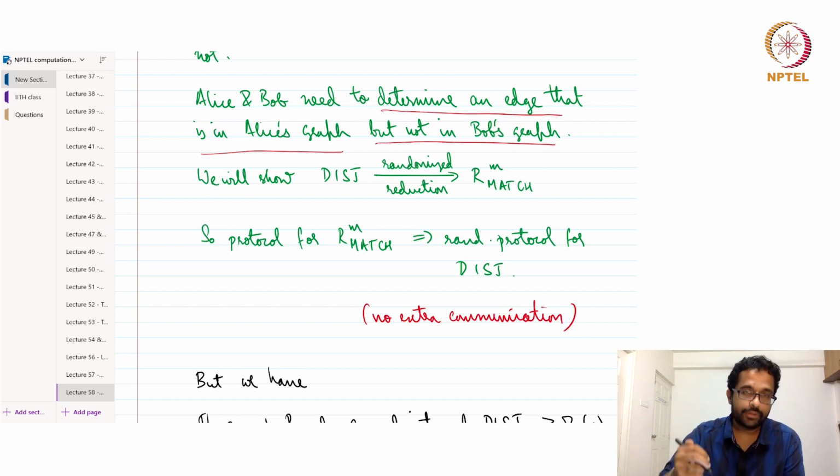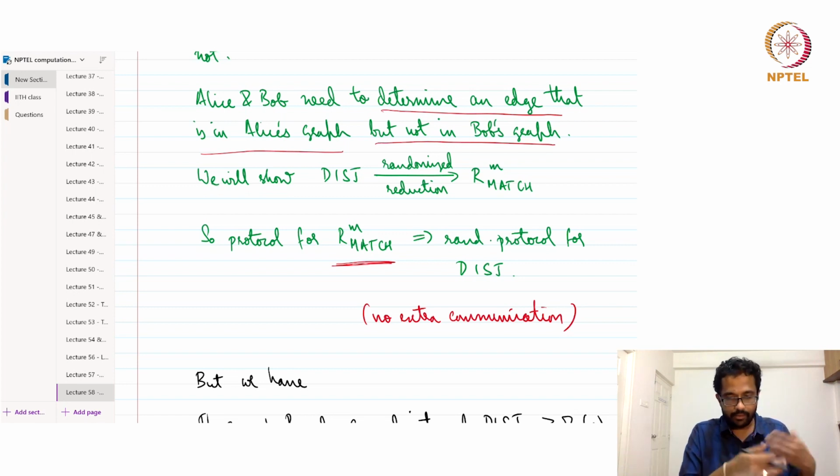A protocol for the Karchmer-Wigderson relation on matching will correspond to a randomized protocol for disjointness, because given a disjointness instance, we transform it to an instance of computing the Karchmer-Wigderson relation.